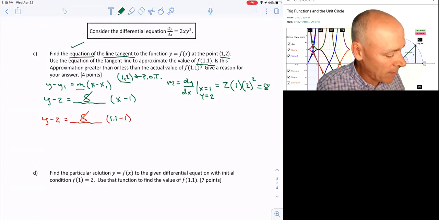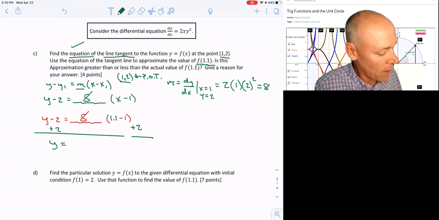Okay, now I do have to do one more thing. Got to add this 2 to the other side because I want to solve for y. So y is going to be equal to 8 times the quantity 1.1 minus 1, plus 2. Okay, and this is my approximation of f at 1.1.